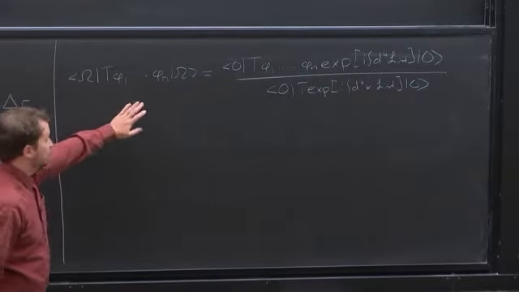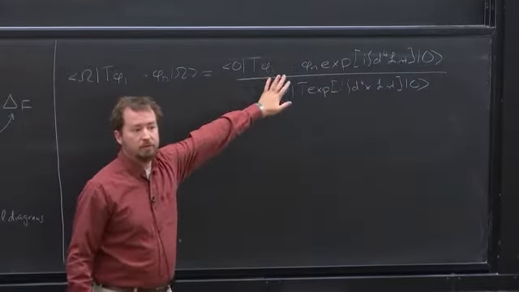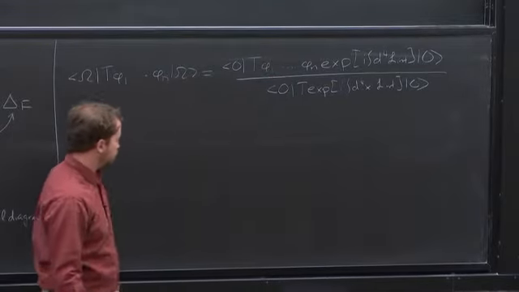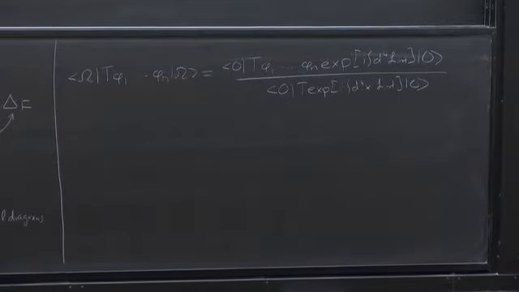And so on the left-hand side, these are Heisenberg picture fields. On the right-hand side, these are interaction picture fields or free fields.